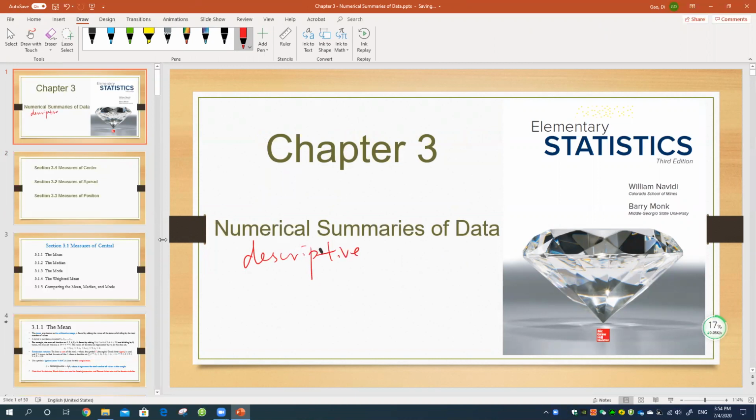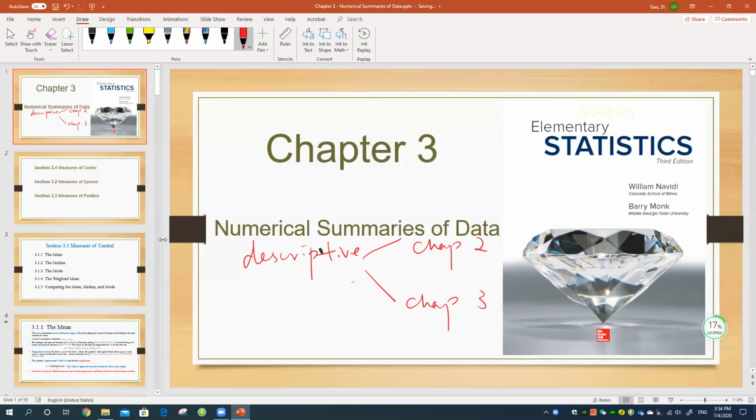So chapter 2, we talked about the graphical part for descriptive statistics. And then chapter 3, we're going to talk about the numerical summary of data.